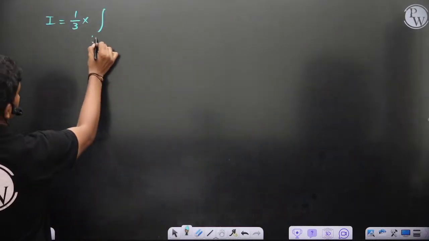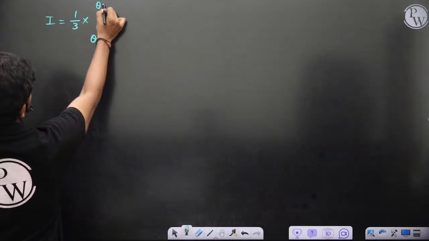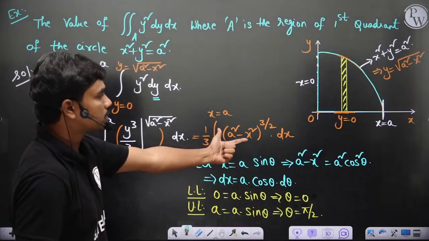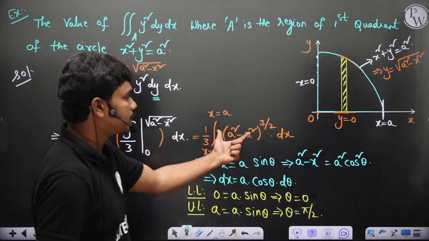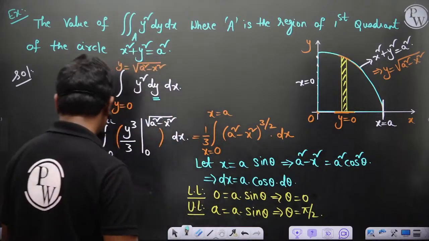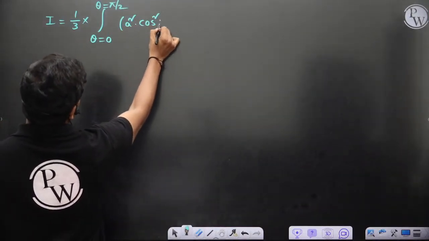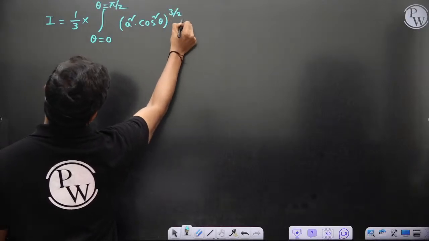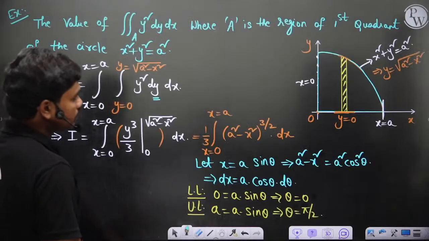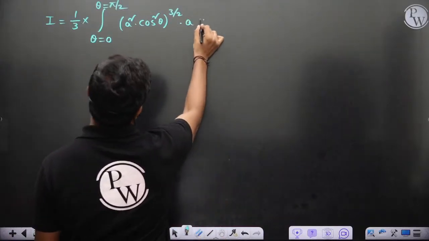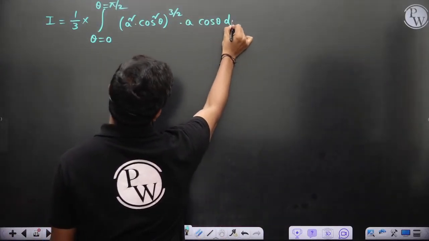So theta is equal to 0 to theta is equal to pi by 2. Then a square minus x square whole power 3 by 2. So what is the value of a square minus x square? a square cos square theta whole power 3 by 2. Then dx. What is dx? a cos theta d theta, of course.